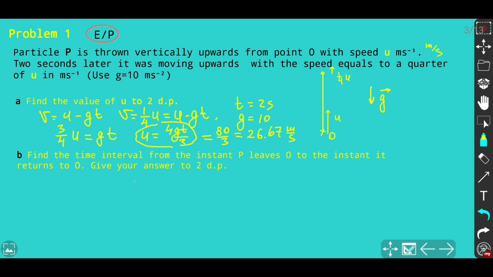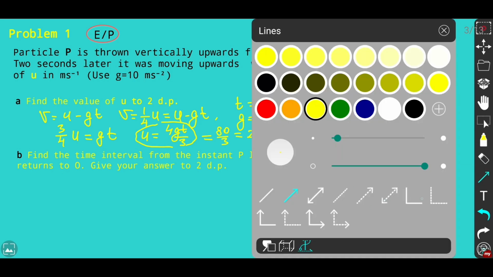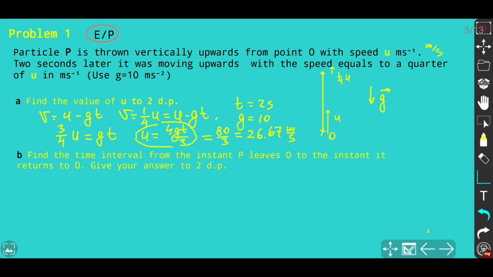Now find the time interval from the instant P leaves O to the instant it returns to O again. How does it look? Let's put drawings first.